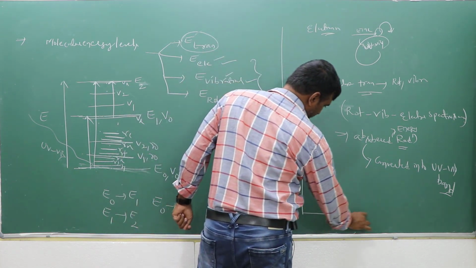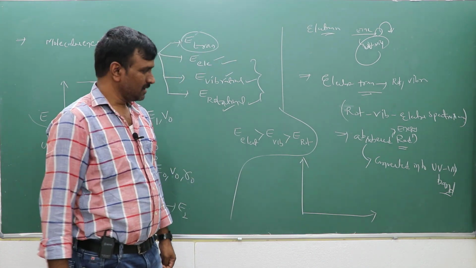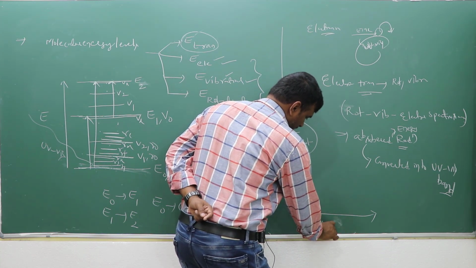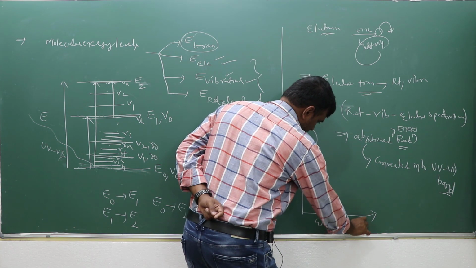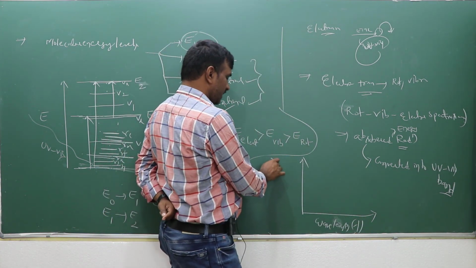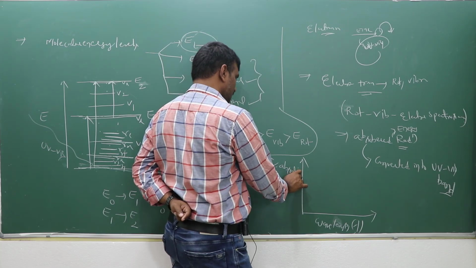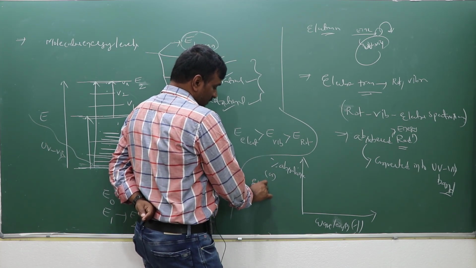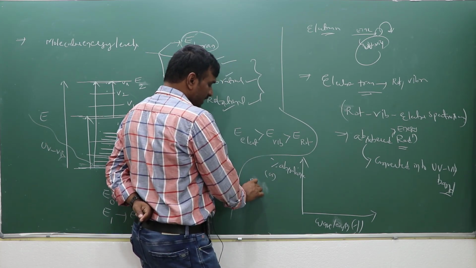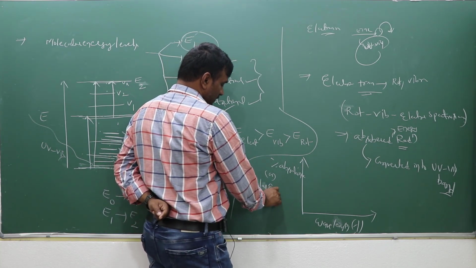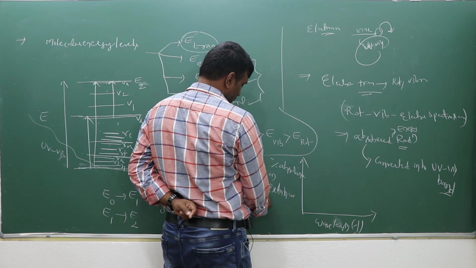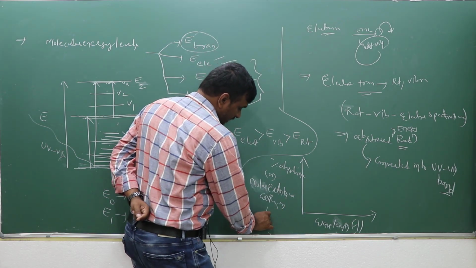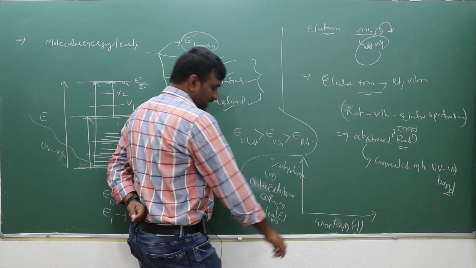In UV visible spectroscopy, we record the absorbed radiation: the wavelength of the absorbed radiation on the x-axis, and on the y-axis the percentage of absorbance, or sometimes the molar extinction coefficient, or epsilon maximum, or log 10 epsilon.